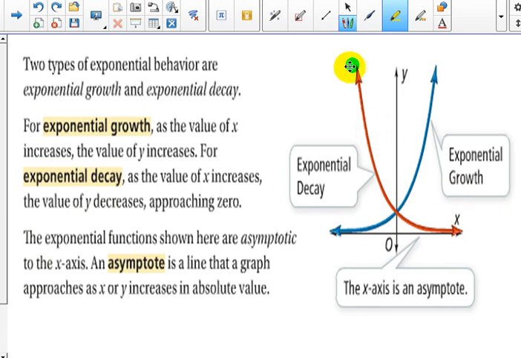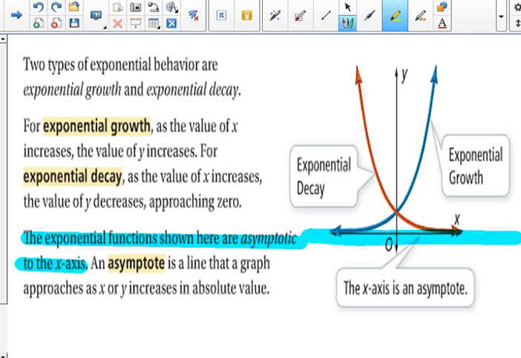Now, I said we've got these things called asymptotes. So here's the formal definition. The exponential functions shown here are asymptotic, I hope I pronounced that right, to the x-axis. What that means is it's going to get really, really close to the x-axis, but it's never going to intersect the x-axis.